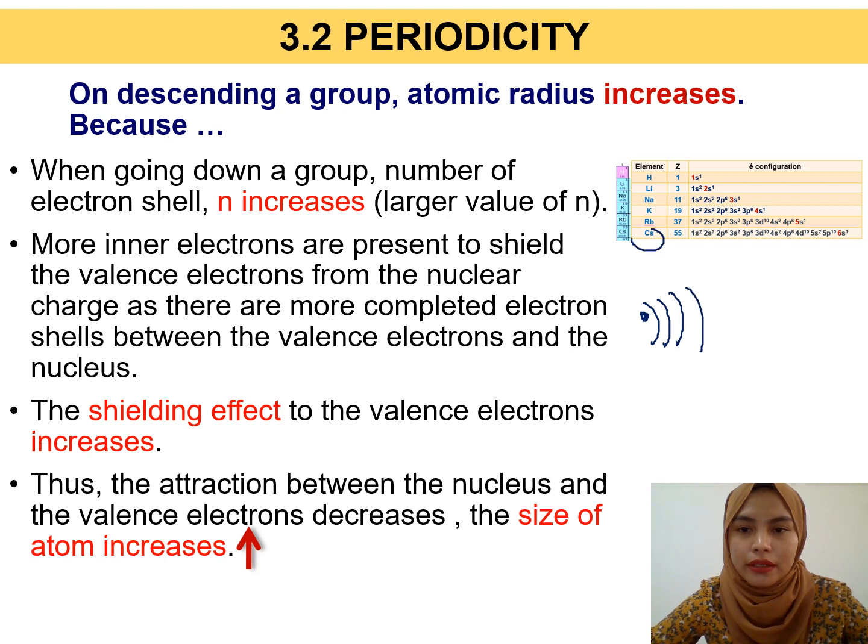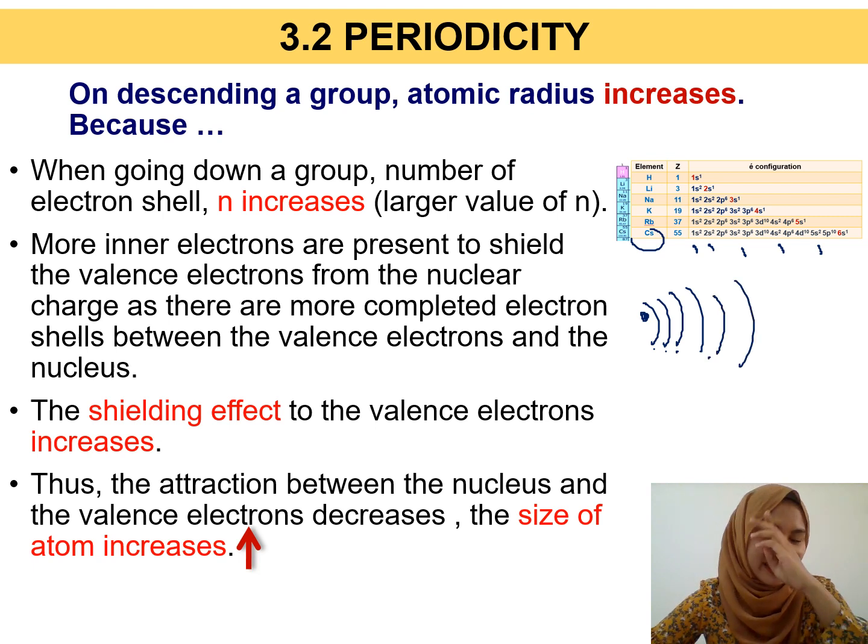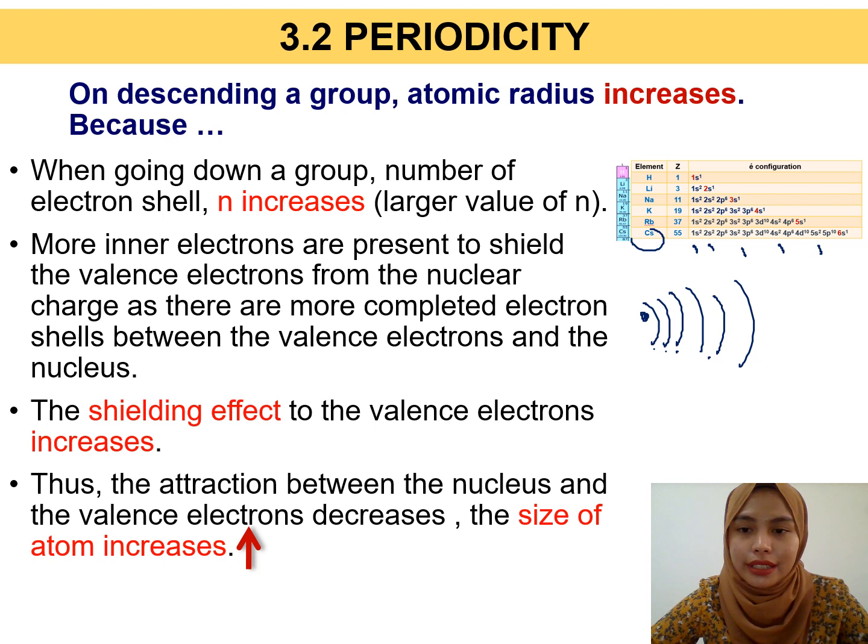If you take cesium, you have energy level n equals 1, 2, 3, 4, 5, 6. There are too many inner electrons. This is the valence electron, or valence shell. Meanwhile, there are too many inner orbitals shielding the outer electron from what? From being attracted to the nucleus.